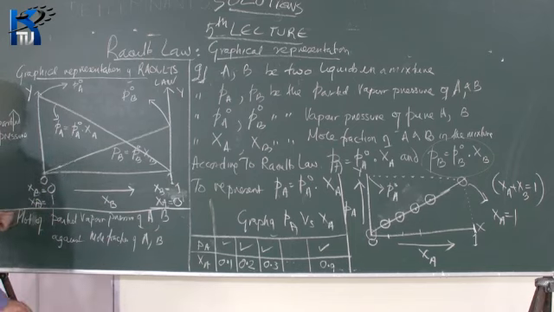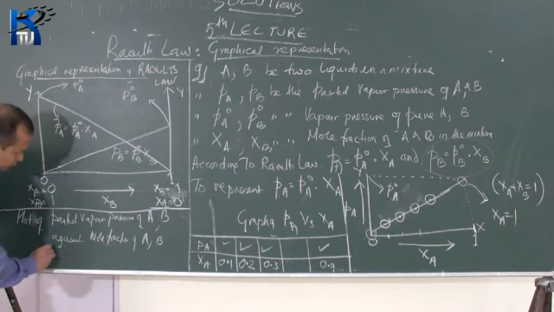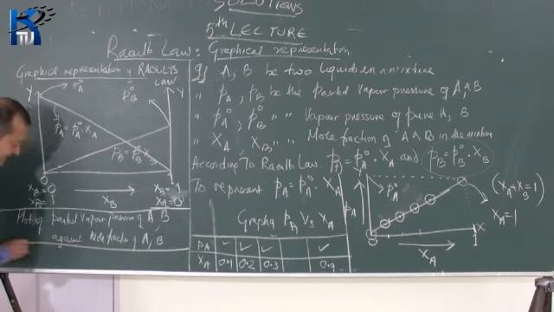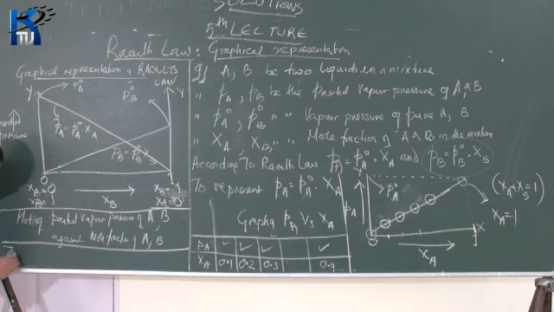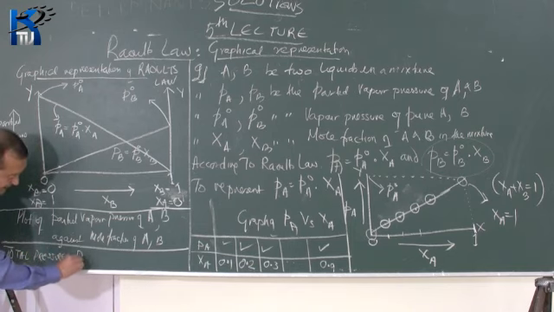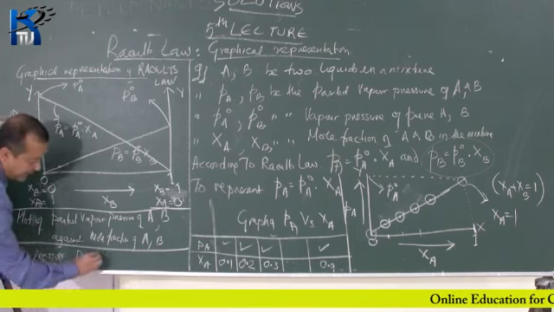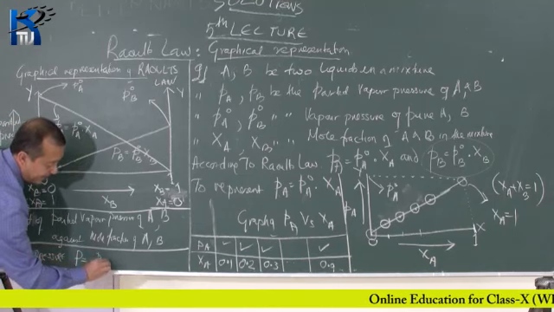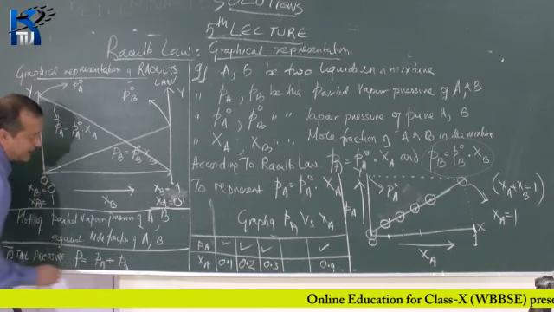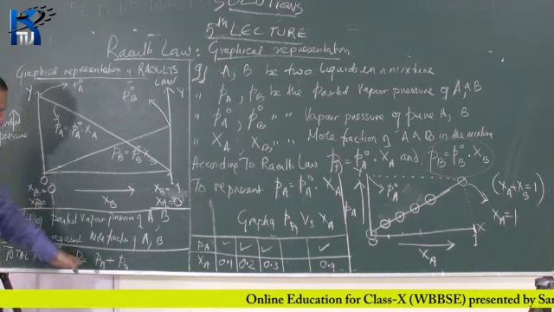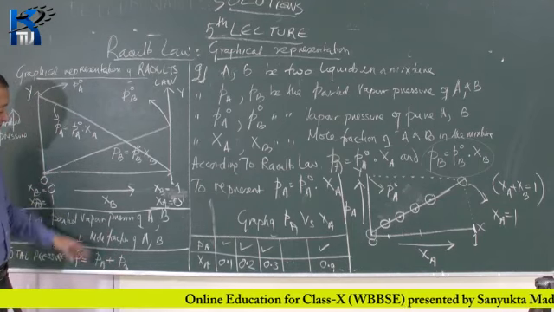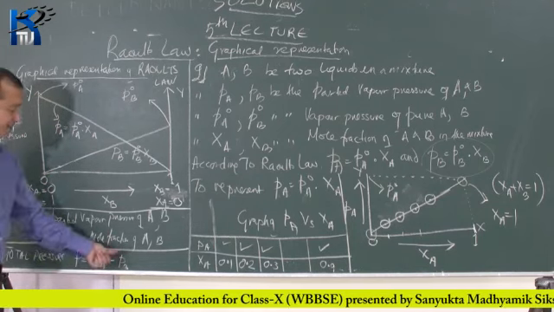Now, all of you know that the total pressure P is equal to PA plus PB. So where in this graph do we find P is equal to PA plus PB?